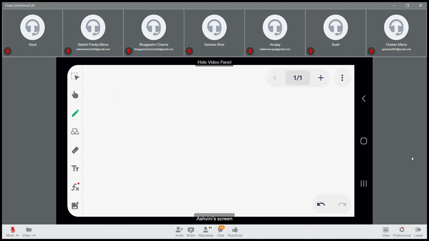Is my screen visible? Yes, ma'am. Okay. Now the third is open addressing hash table with second hash function. So let's solve this problem by using the second hash function.